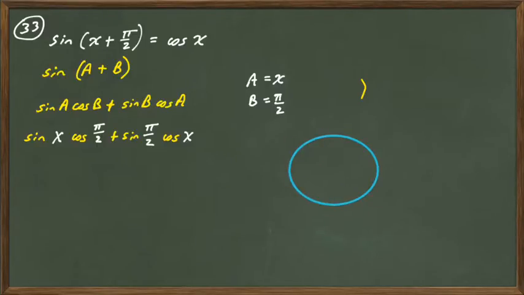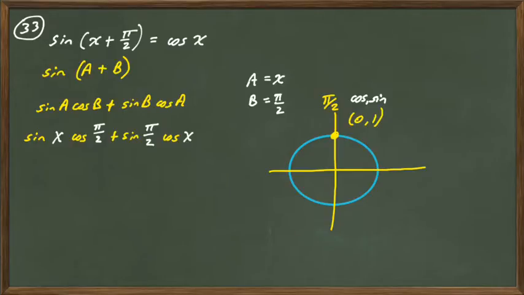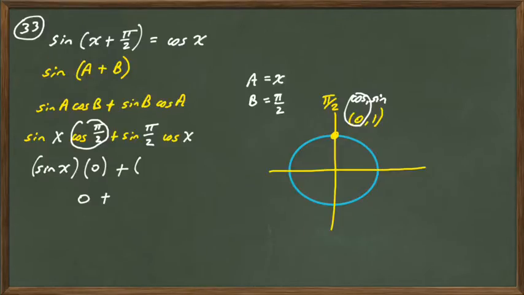Where is pi over 2 on the unit circle? It's up at the top. What are its coordinates? 0, 1. Alphabetical, cosine, sine. So what's a cosine of pi over 2 would be? 0. Sine x times 0 is 0. The sine of pi over 2 is 1 times cosine.